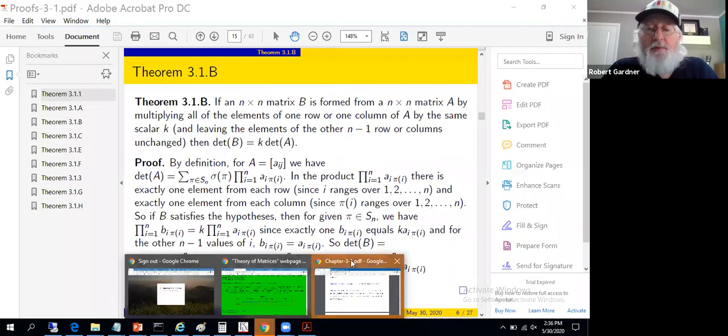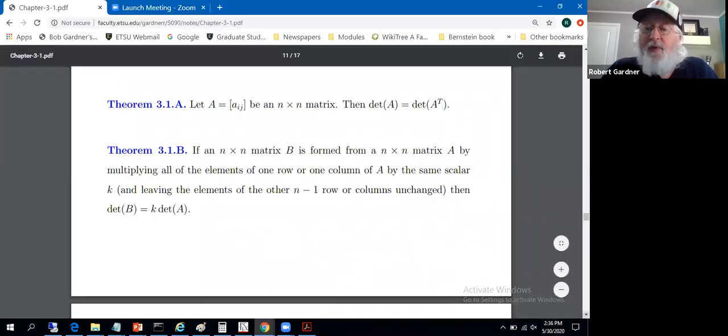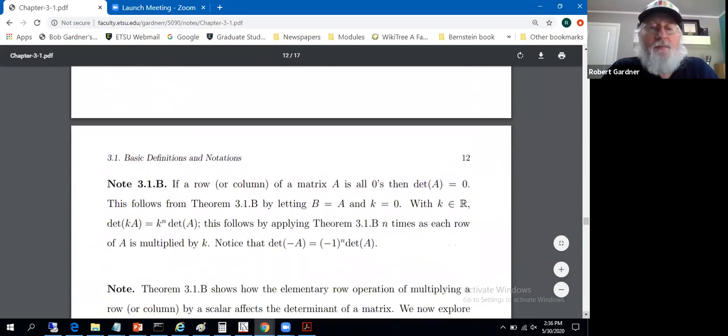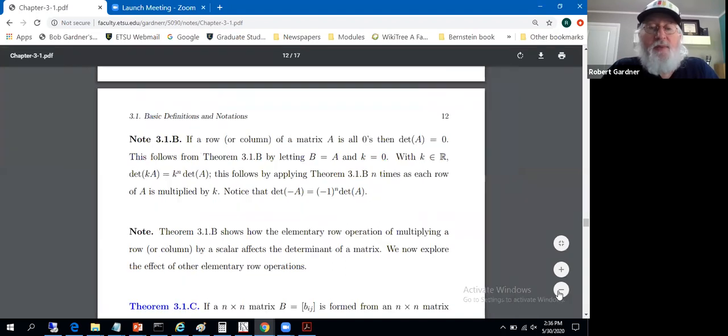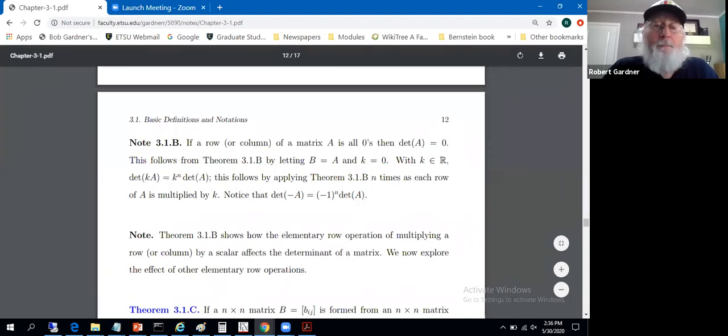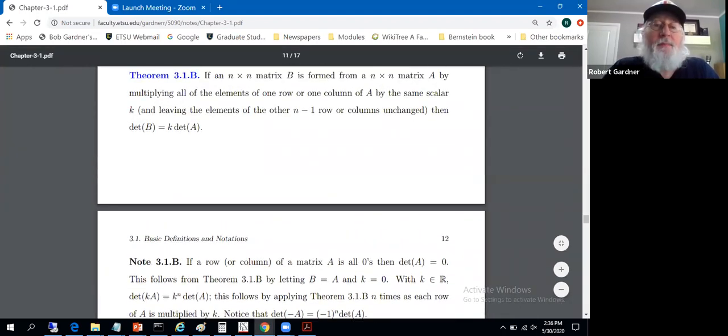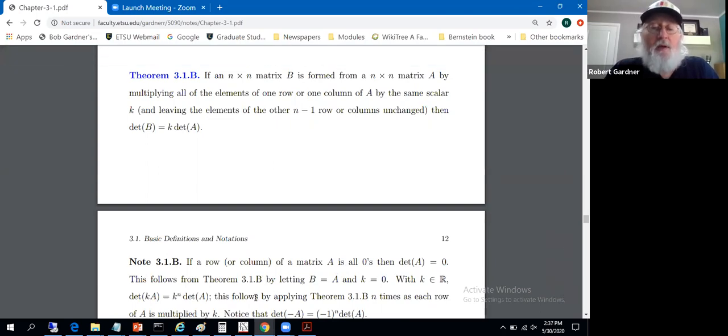Back to the notes. Okay, so we proved those two. A note, let's shrink this a little bit so we can maybe see theorem B at the same time. This note says, if a row of matrix A is all zeros, the determinant of A is 0. This follows from the theorem by taking a row and multiplying it by 0.